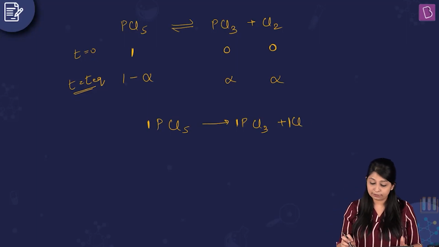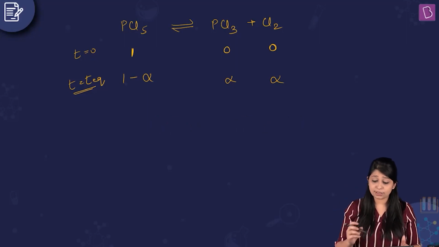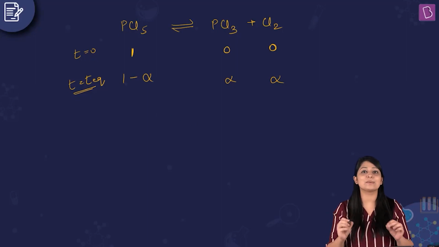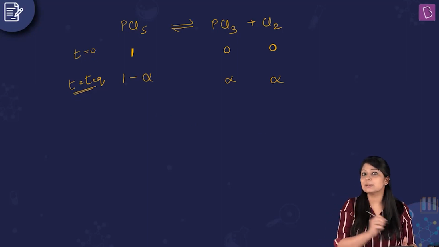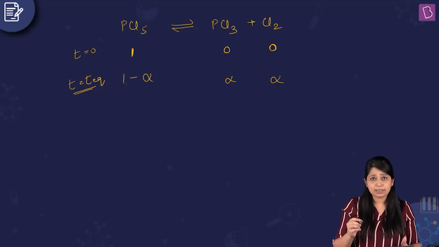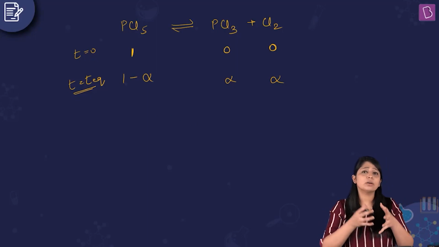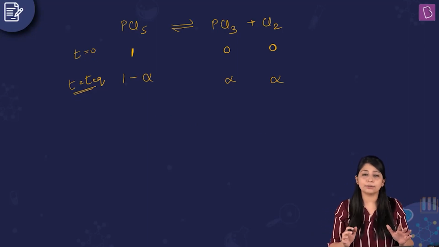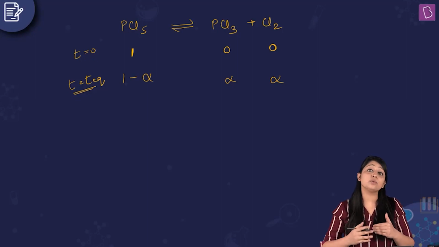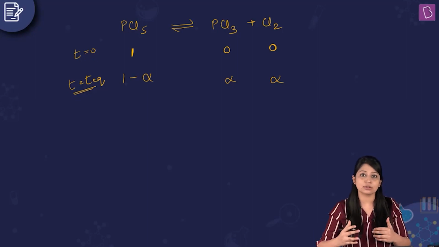However, the reaction that we have is not an irreversible reaction. It is a reversible reaction. But what does that mean? That means the complete dissociation is not going to happen, right? The reaction is not going to proceed to complete its 100% reaction.